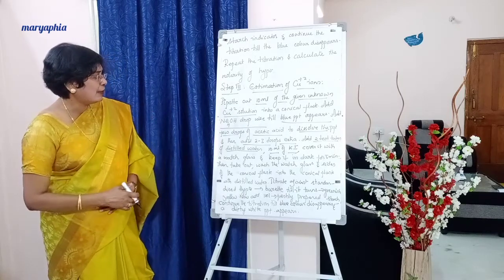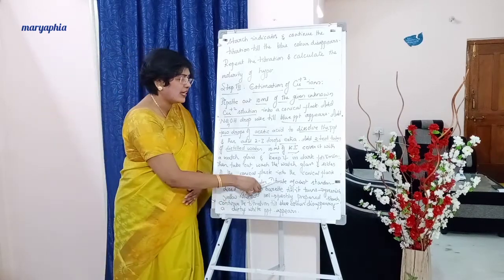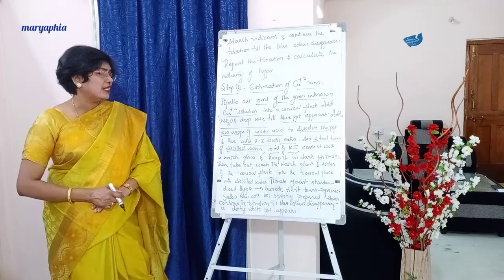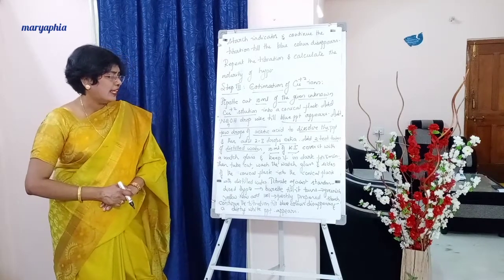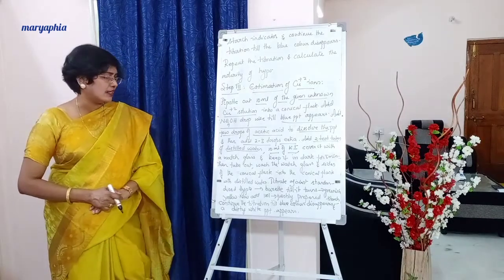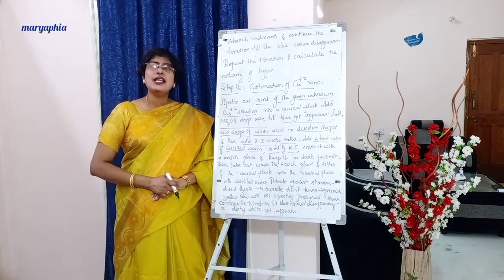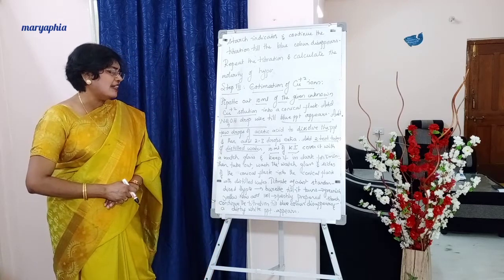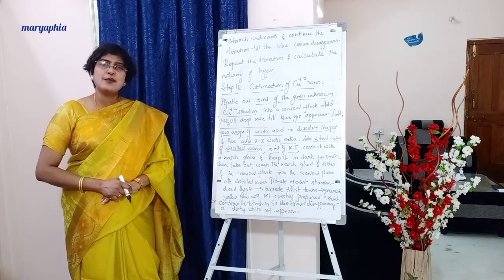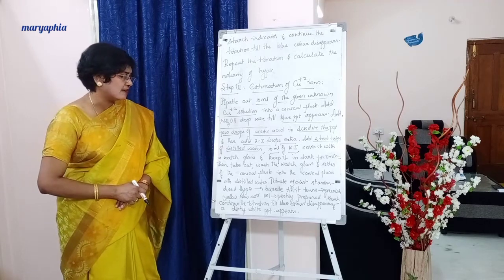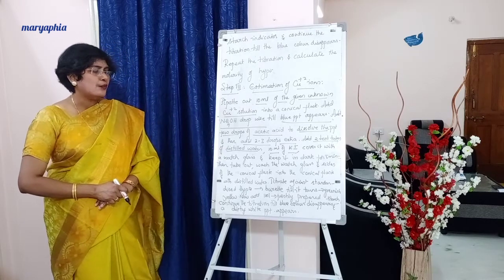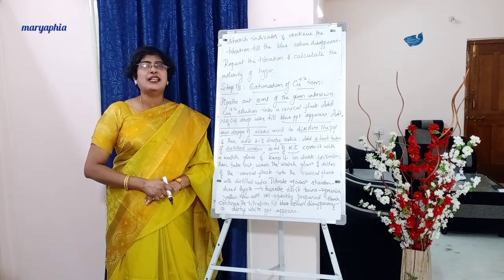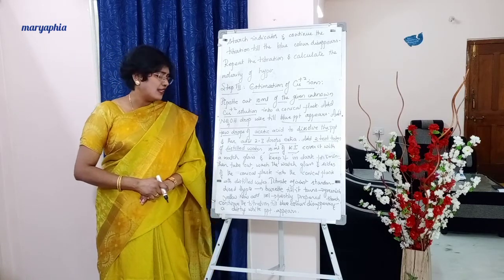So once again I will repeat for you from here, students. Titrate against standardized hypo taken in the burette till it turns into greenish yellow color. Full stop. Now add 1 ml of freshly prepared starch indicator and continue the titration till blue color disappears and a dirty white precipitate appears.